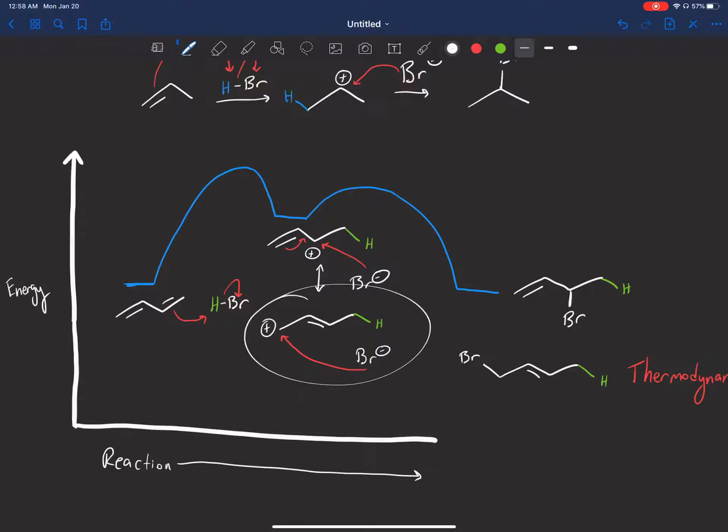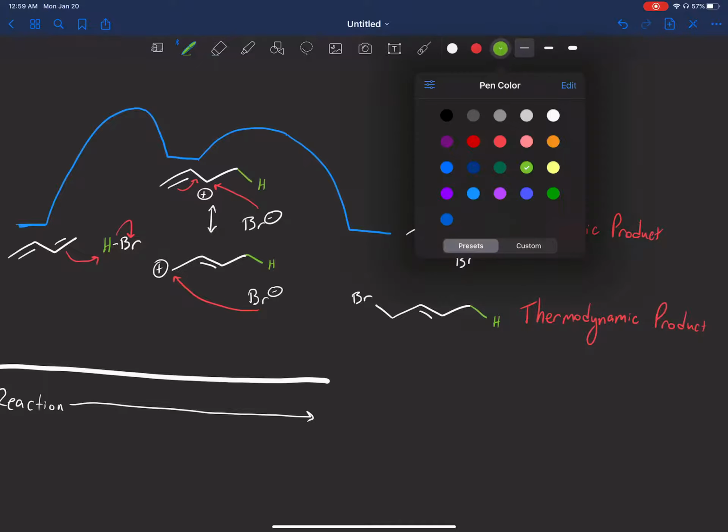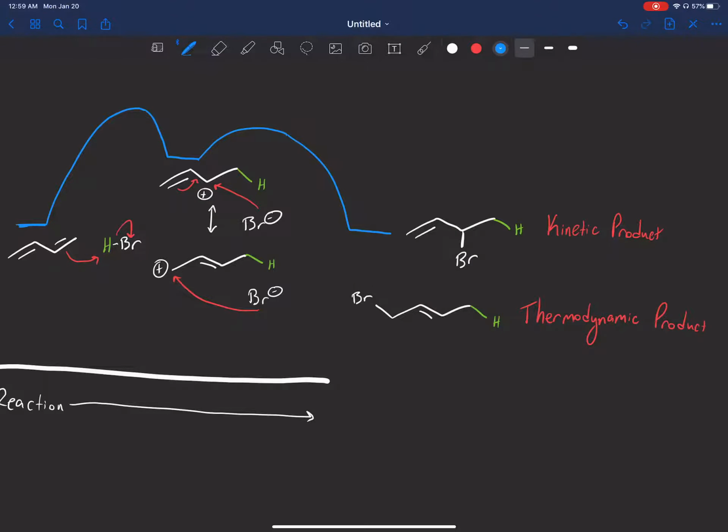Whereas to get this guy, you've got to move your double bond around. So he forms faster. So the Br minus will attack that one faster. Therefore, we call this guy the kinetic product. All right, so the kinetic product is less stable, but he forms faster. And when we say he's less stable, we mean he has higher energy.